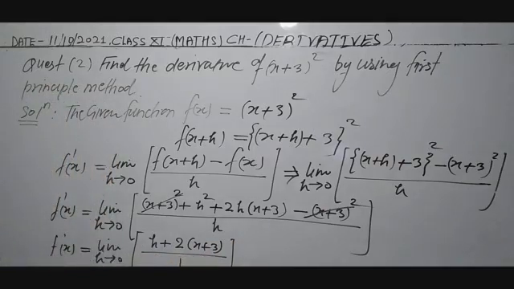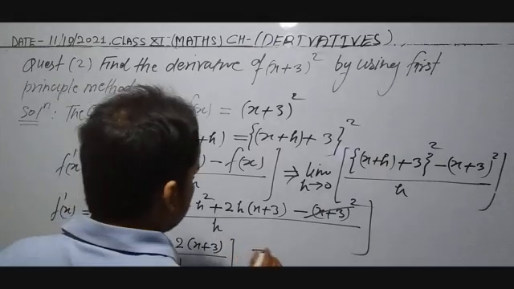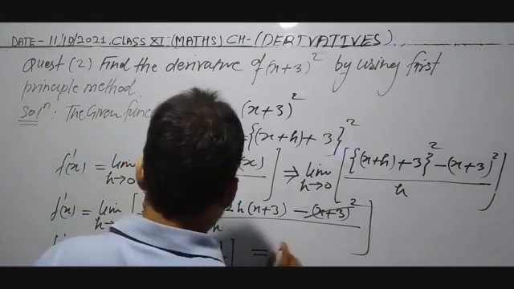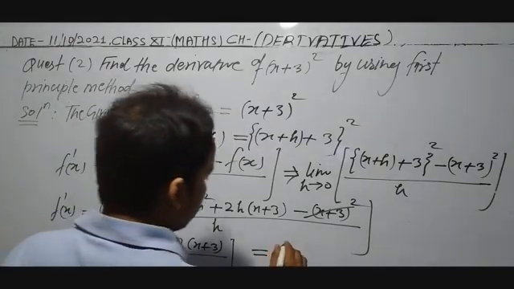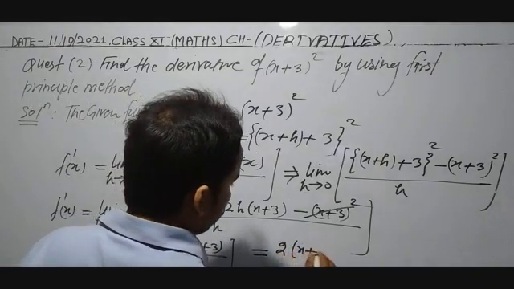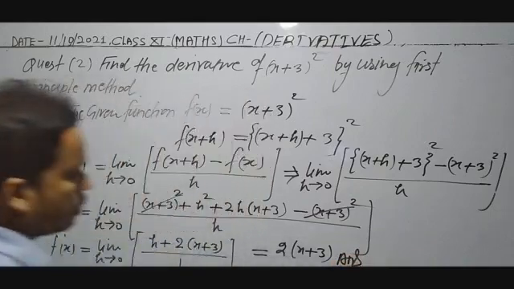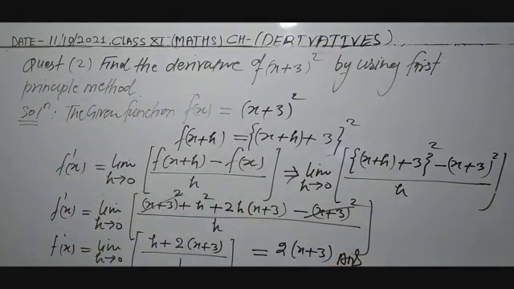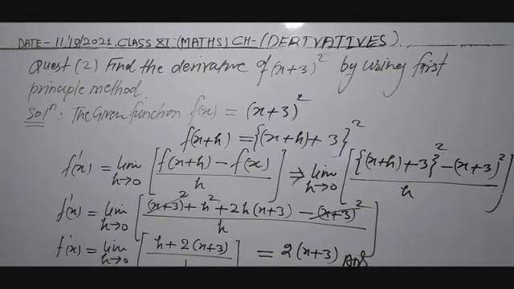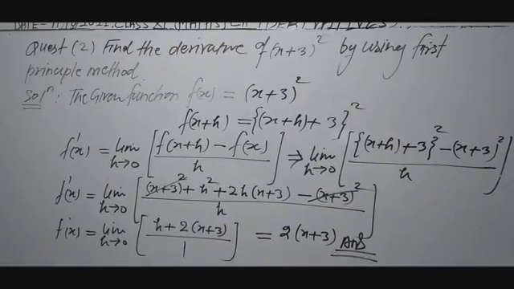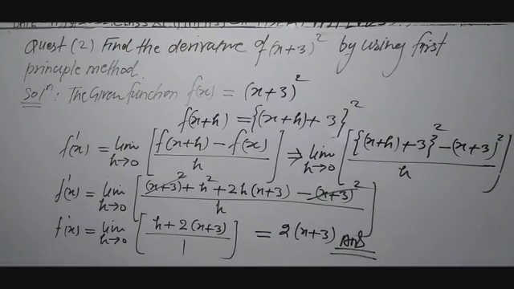Now you will see its answer will be, when h tends to 0, result will be 2 times (x plus 3). Now this is the answer. See, now question number 2 is completed.